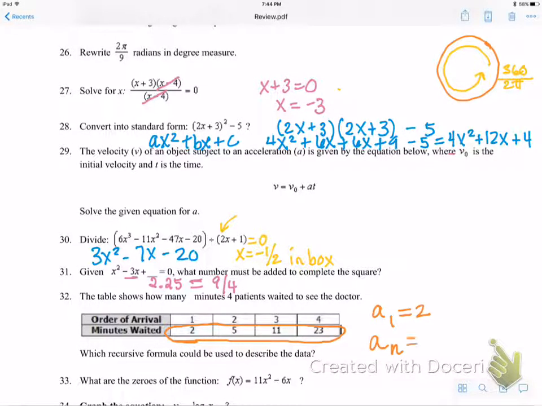Well, when you have multiple choice, this is a lot easier to determine, but basically what we're doing is multiplying the previous term times 2 and then adding 1. 2 times 2 is 4, plus 1 is 5. 5 times 2 is 10, plus 1 is 11. 11 times 2 is 22, plus 1 is 23. So to get the next one, we take the one that came before it, multiply it times 2, and then add a 1 to it. So that's your answer for number 32.